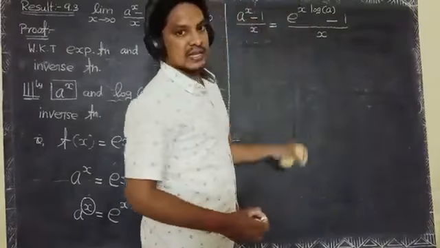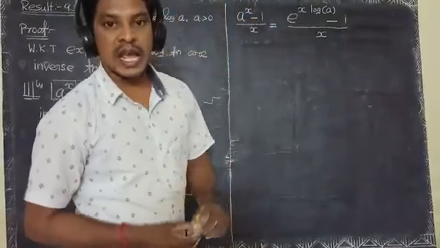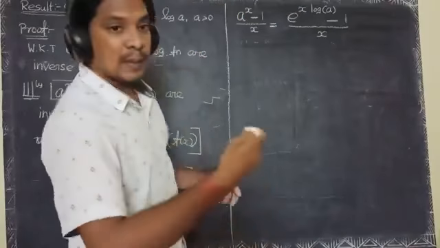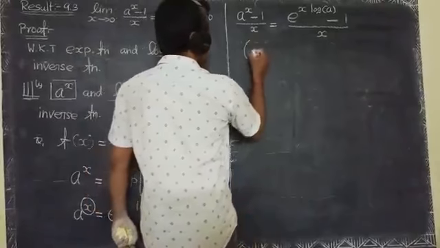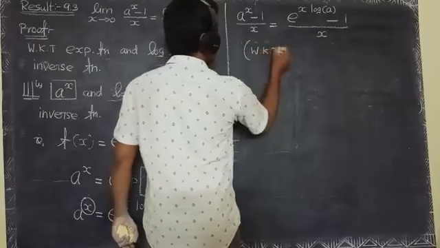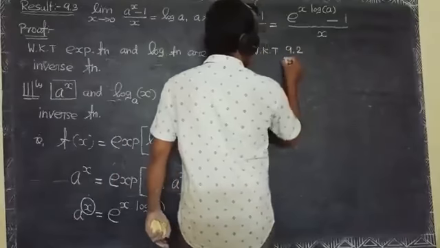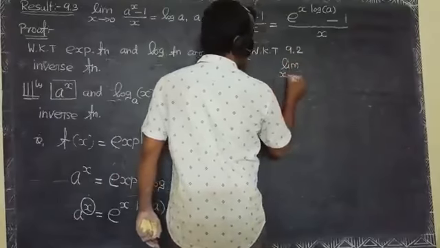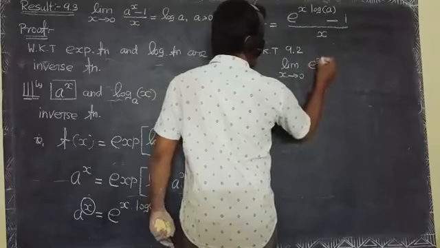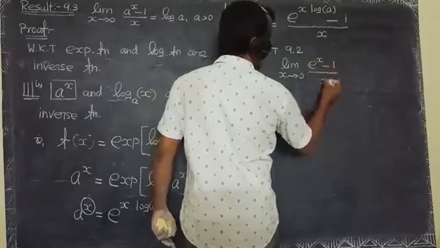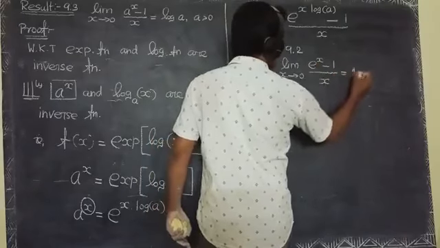We know result 9.2: the limit as x approaches 0 of (e^x minus 1) divided by x is equal to 1.